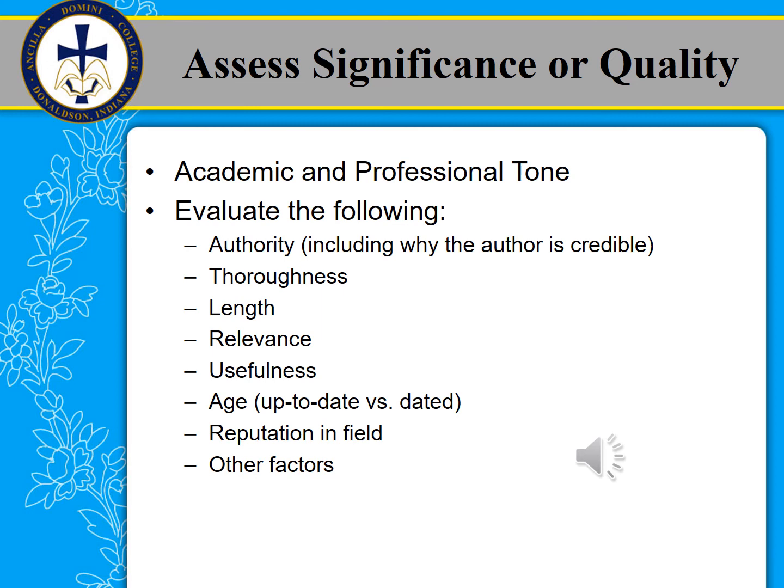So again, the age of a review in a literature sense might really relate to how you want to talk about that story and how that story or play has been perceived over time.